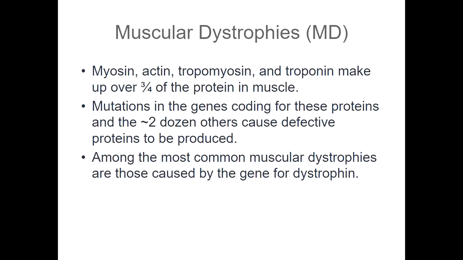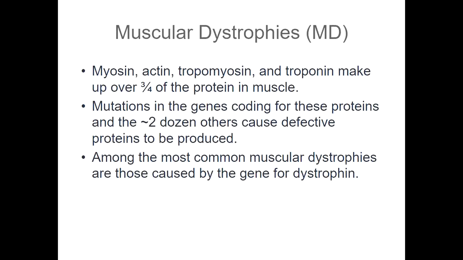We've already discussed how our muscle is protein, and the proteins that make them up are myosin, actin, tropomyosin, and troponin. However, what happens is an individual who has one of the muscular dystrophies, there is a mutation within their genes. And if you'll remember back to biology, we make our proteins based on our DNA.